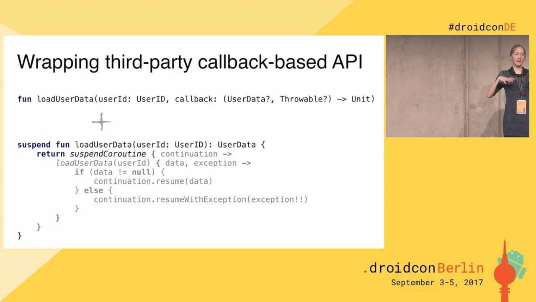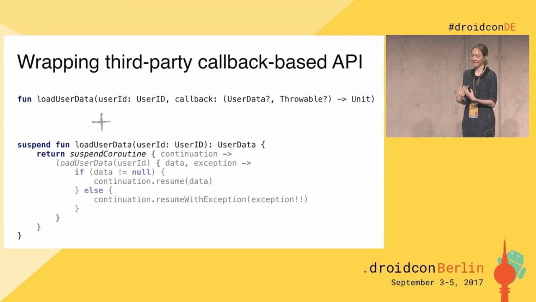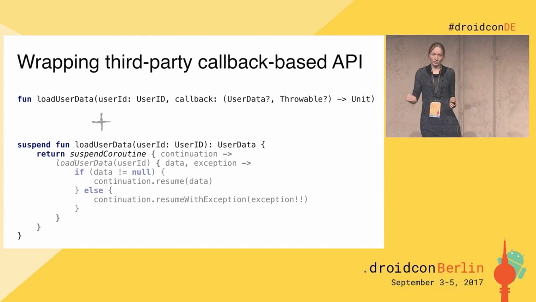Another thing, if you are working with some third-party library, and this library provides a callback-based API, you can, again, instead of calling it directly, providing the callbacks, wrap it in a suspend function. This function will use the special intrinsic Kotlin function suspendCoroutine.